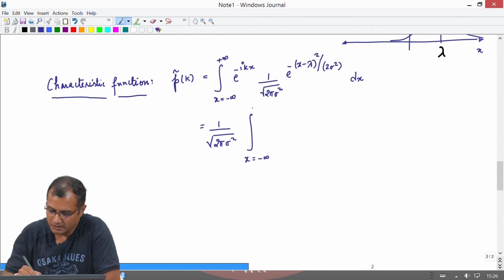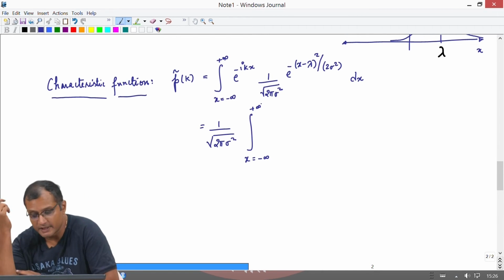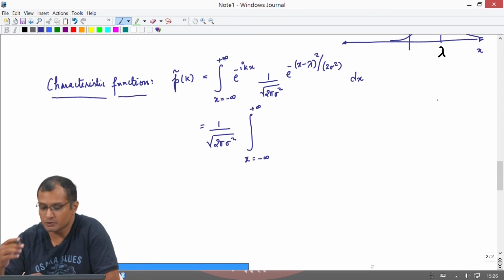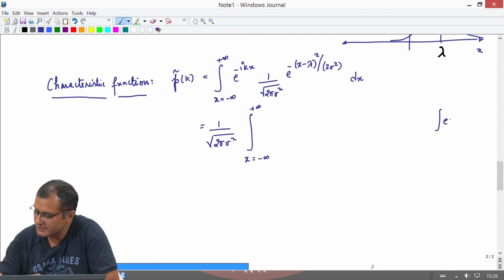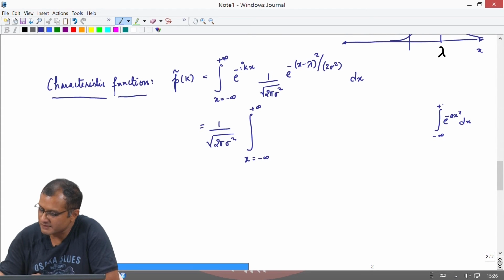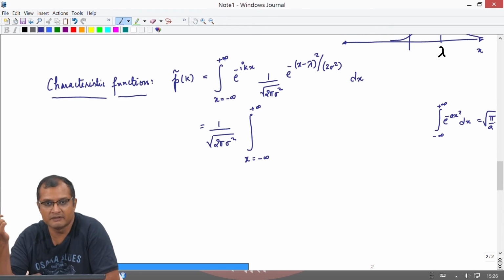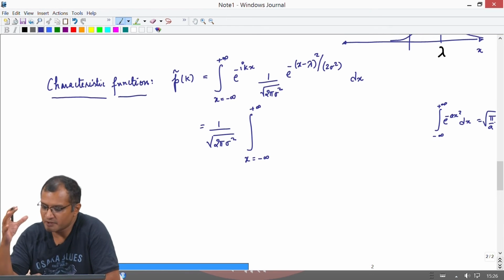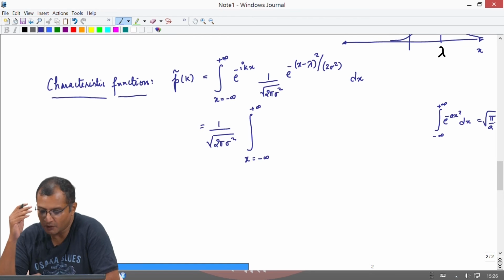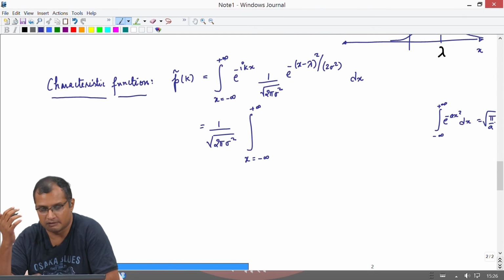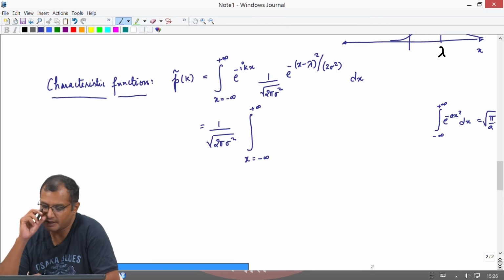So, I would like to take advantage of this Gaussian integral, that e raised to minus a x square when integrated from minus infinity to plus infinity is square root of pi by a, a result that we just derived a few minutes ago. Now, I can only do that if I can write down the complex exponential and the second exponential together with a power that is looking like some x square. Okay. So, let us do that.